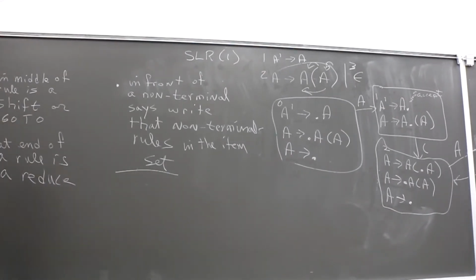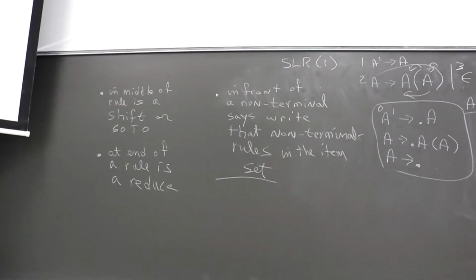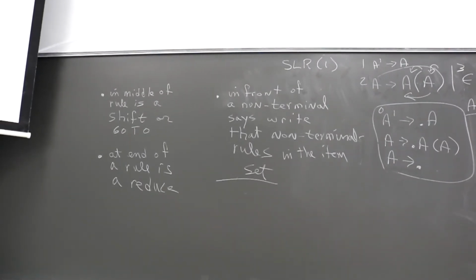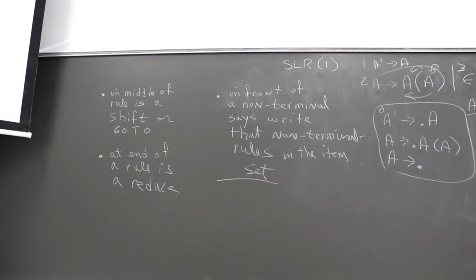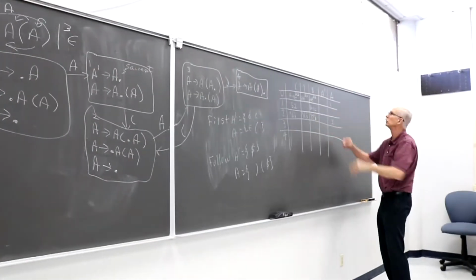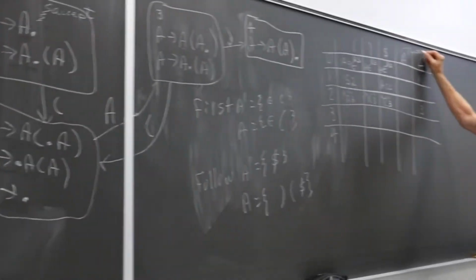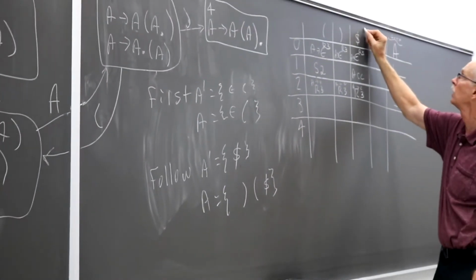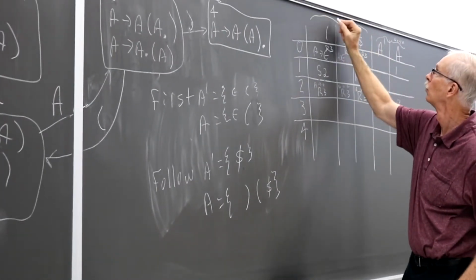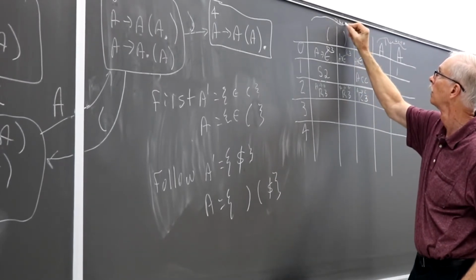Those are the rules. If it's an entry under a terminal, it's a shift to. If it's an entry under a non-terminal, it's a go to. And so these columns are go-tos. These columns would be shifts.